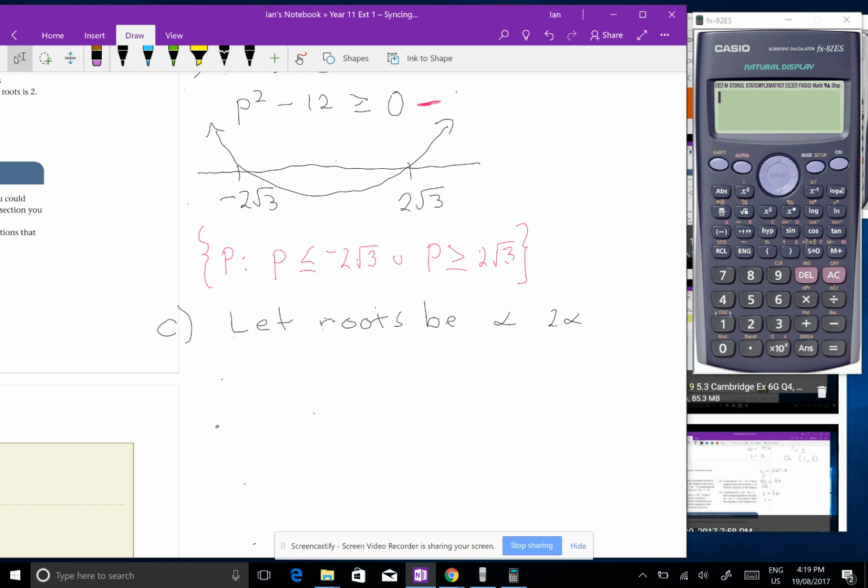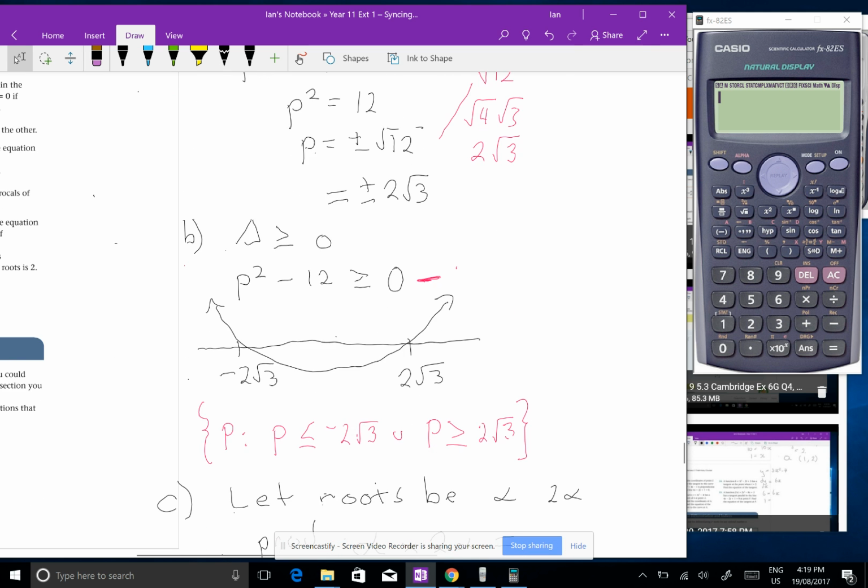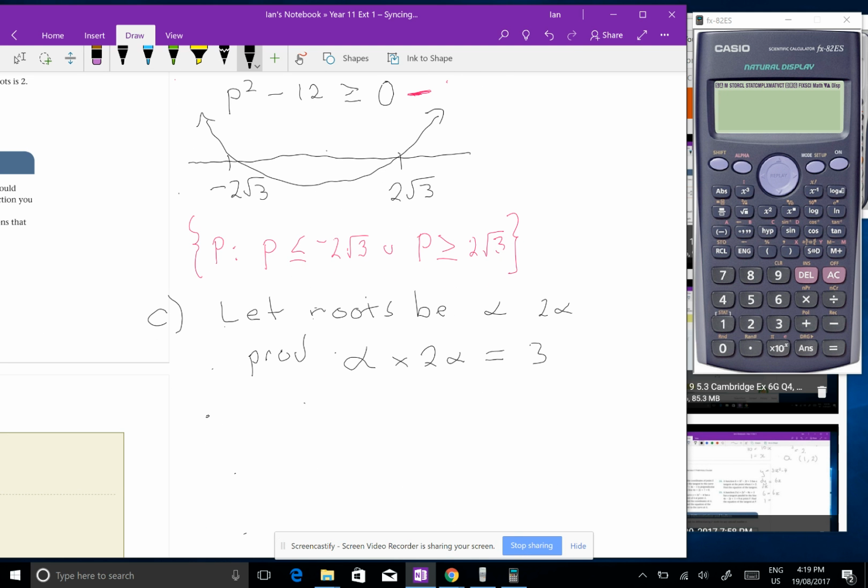So therefore the product of the roots will be alpha times 2 alpha, and that equals c on a. And if I look back, c is 3 and a is 1, so that equals 3.